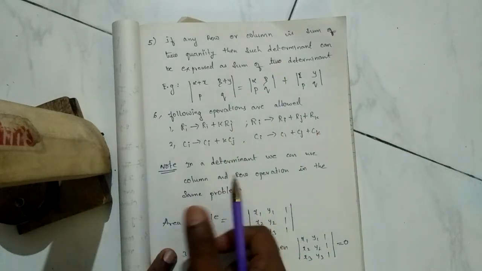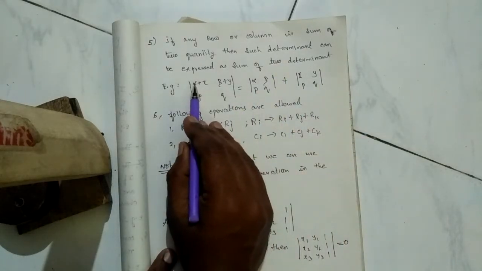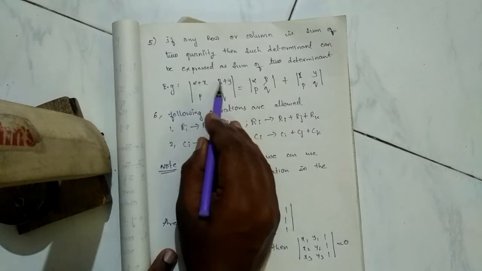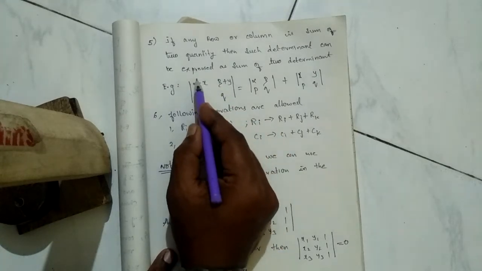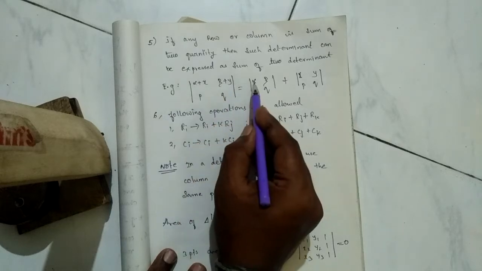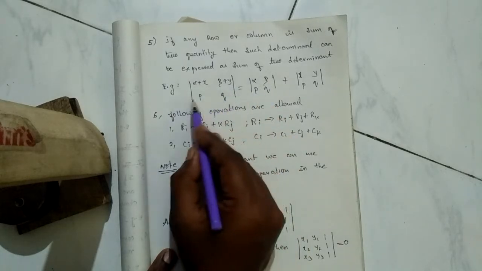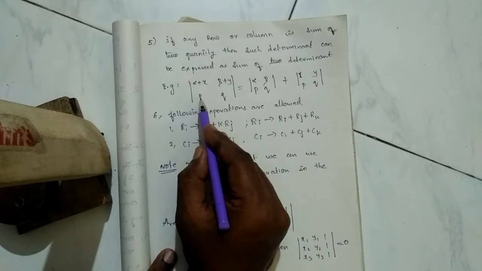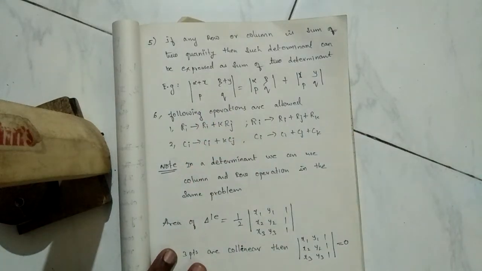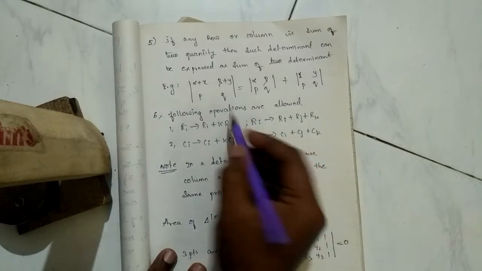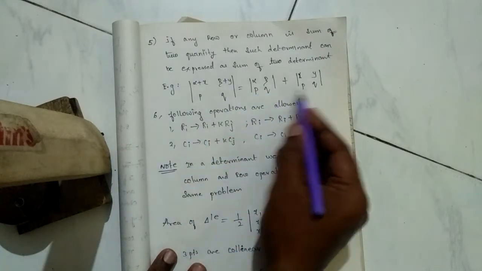How to write it: the combination of first elements you have to take. Here there are sums of two quantities. Pick up the first elements alone, alpha, beta. So you put alpha, beta here, and the other row is a repeated row, as it is you have to write. So P and Q are common for both determinants.